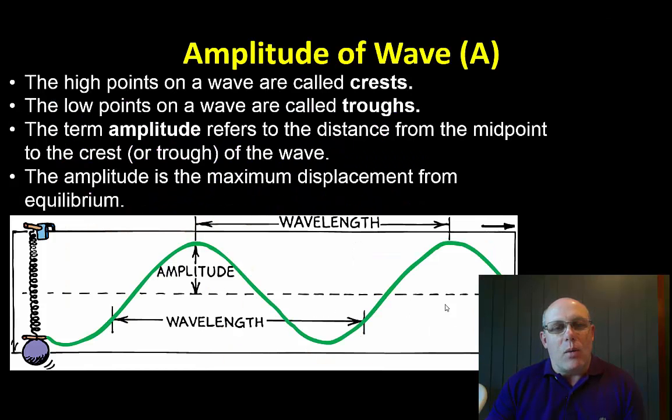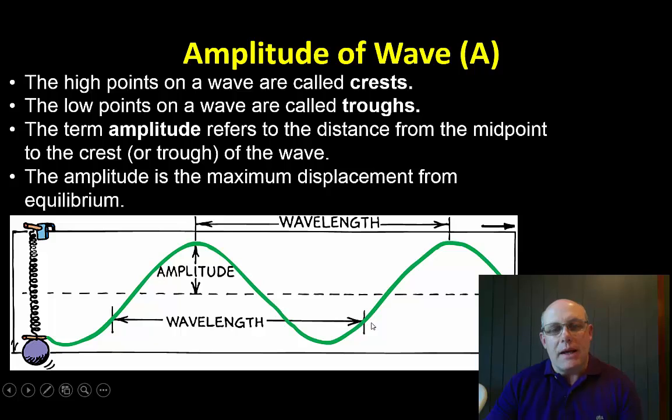So if we look at our wave itself, we've got the amplitude. The high points of the wave are called the crest, the bottom parts are called the troughs. The term amplitude relates to halfway from the crest to the trough. And the wavelength is any point from the crest to the crest, or the trough to the trough, or that point in the wave to that point in the wave.